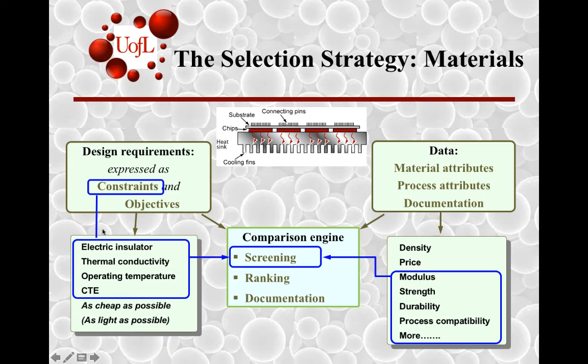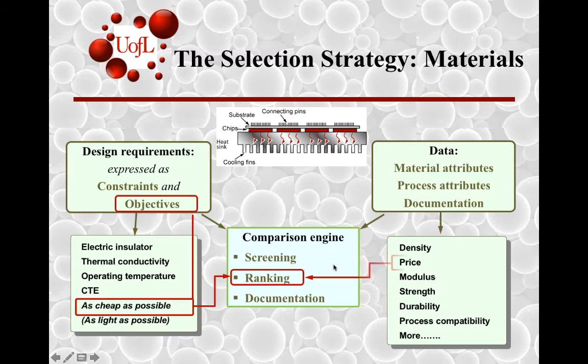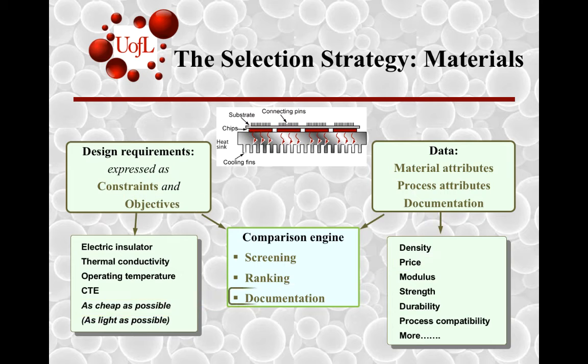The constraints of the design are screened, and based on the data of properties, you create a ranking of materials. The objectives are then put together based on a free variable, and then a documentation is created.